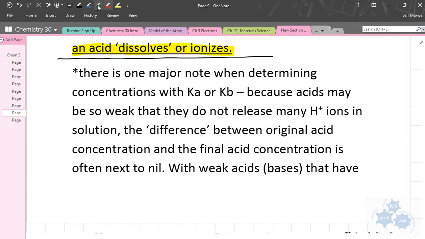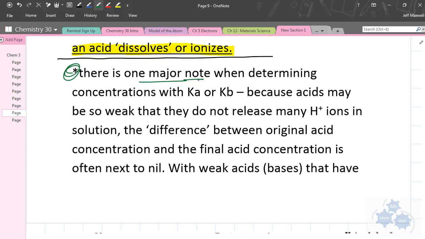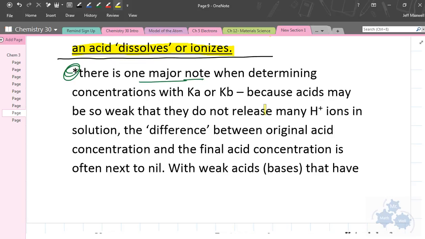All right, so I want to talk about one major note when working with Ka and/or Kb. We're going to focus on Ka for now, but you need to jot this down. Acids may be so weak that they don't release many hydrogen ions at all in solution. HCl is super strong, but if you have something like the ammonium ion, the number of hydrogen ions in that solution is super small compared to the original acid concentration.